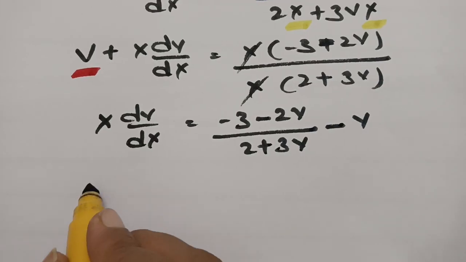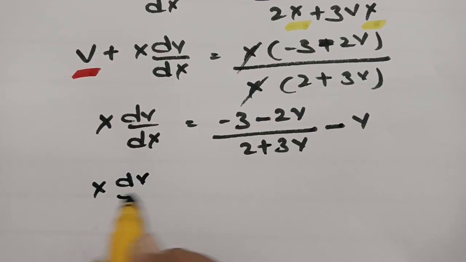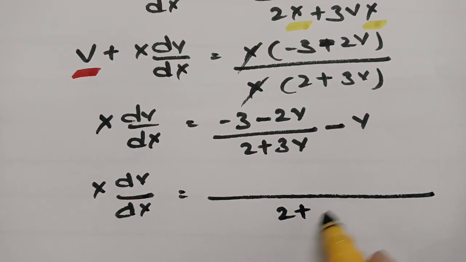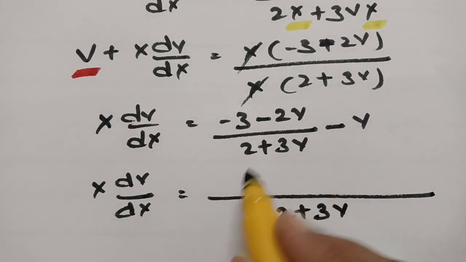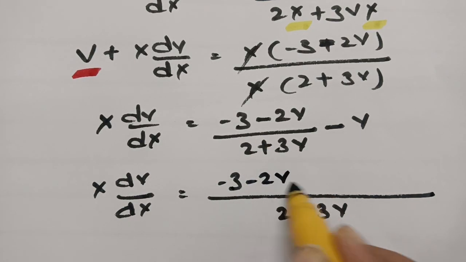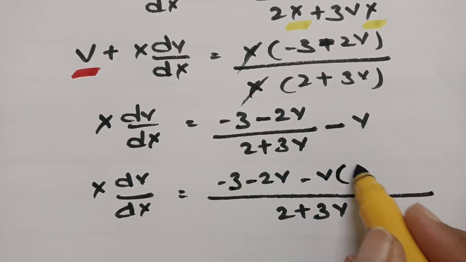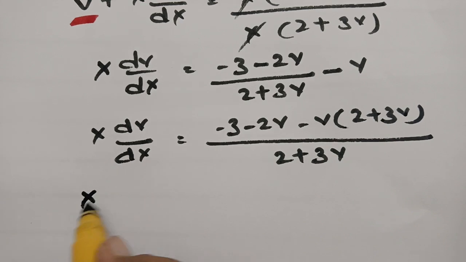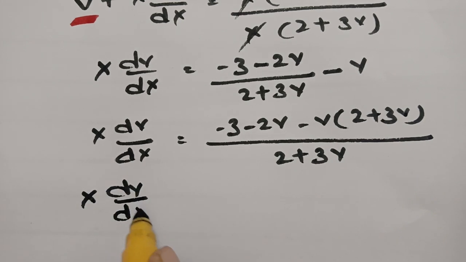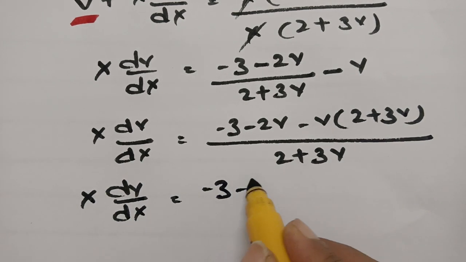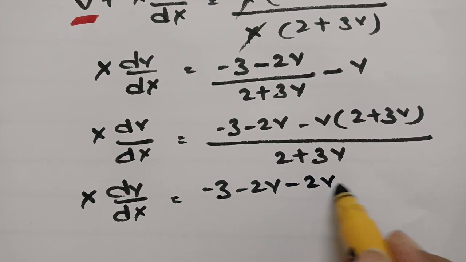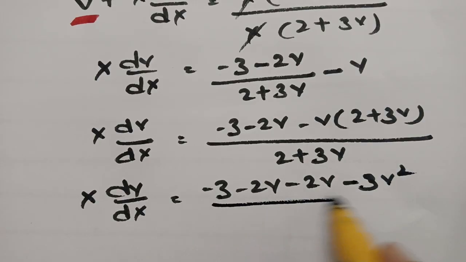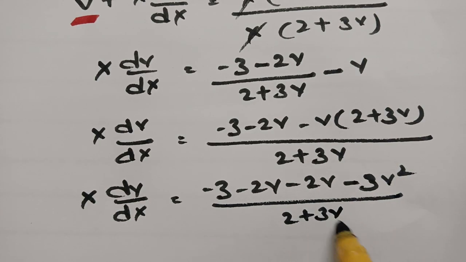So here x into dv by dx is equal to, if I take an LCM as 2 plus 3v, then this will be minus 3 minus 2v minus v times 2 plus 3v. Clear? Our next step is x into dv by dx is equal to minus 3 minus 2v, minus 2v, minus 3v square, divided by 2 plus 3v.